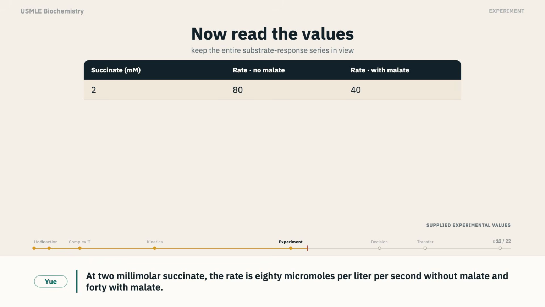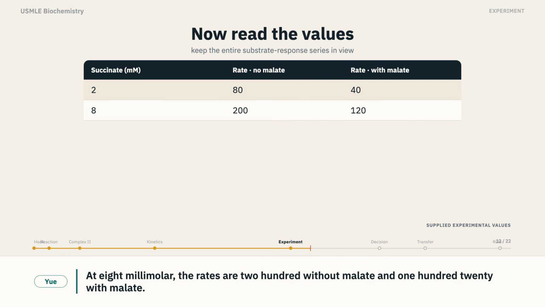At 2 millimolar succinate, the rate is 80 micromoles per liter per second without malate, and 40 with malate. At 8 millimolar, the rates are 200 without malate and 120 with malate.